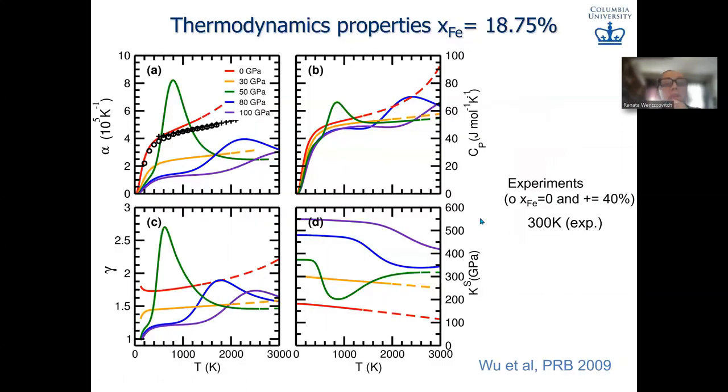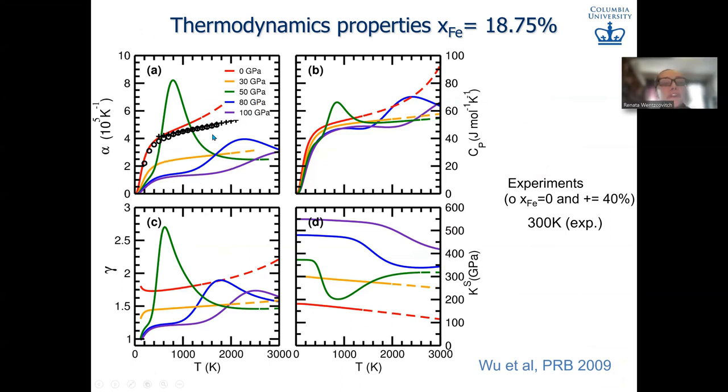So what happens here is that there are very large anomalies associated with this crossover, the rainbow, right? At low pressures, everything is normal, thermal expansion is normal.